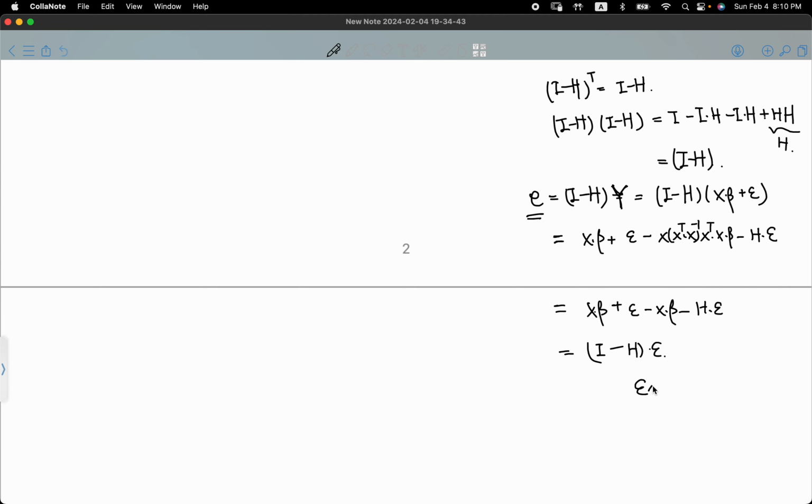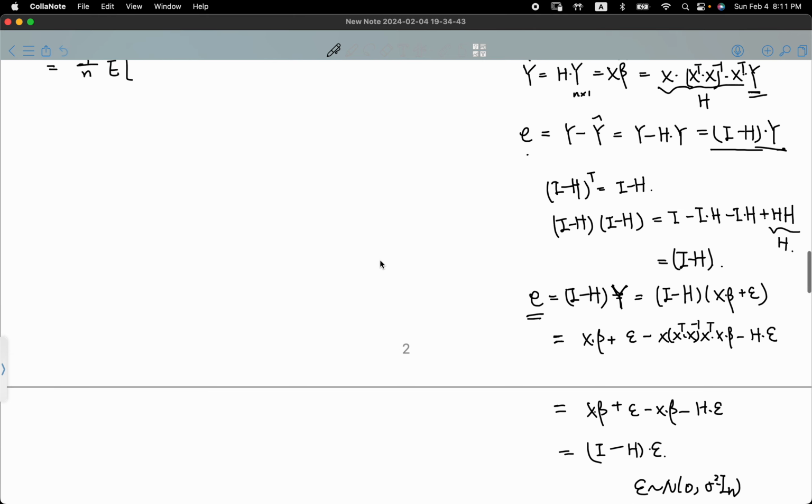So instead of using y, maybe I'll use epsilon. The reason is that epsilon follows a normal distribution with mean zero and covariance sigma squared times the identity of dimension n. This is n by 1. So I'll use this to replace the residual e here.